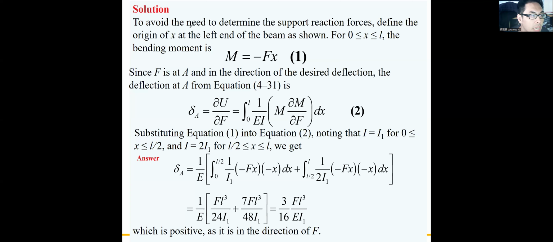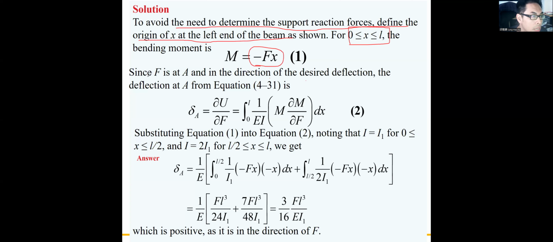So to avoid the need to determine the support reaction force, define the origin of x at the left end of the beam. Okay, so we can define two sections of this beam. One is from 0 to L, and its bending moment equals minus Fx, right?